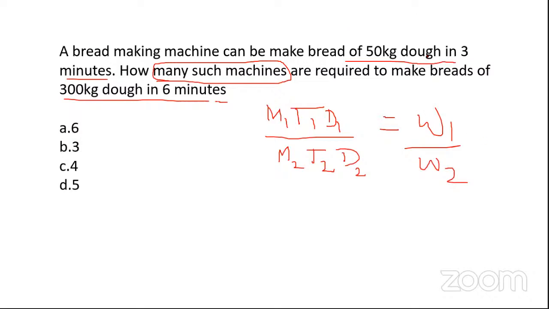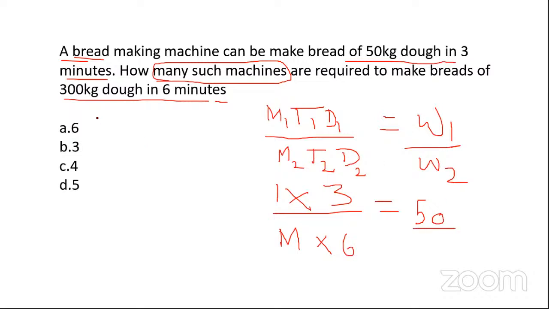In this question we have a bread making machine. So one machine, and the time given is 3 minutes, the weight is 50 kg, divided by M, the number of machines they are asking, which I don't know, into 6 minutes time divided by the weight, 300 kg.